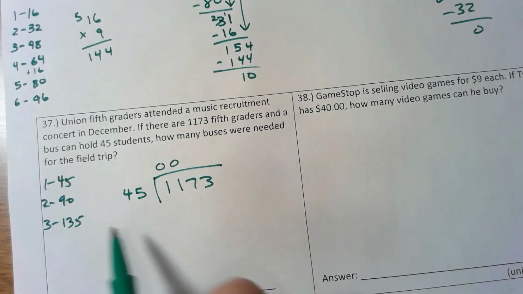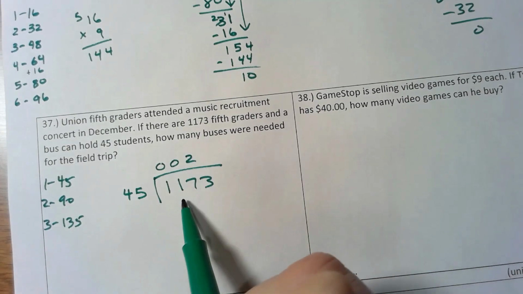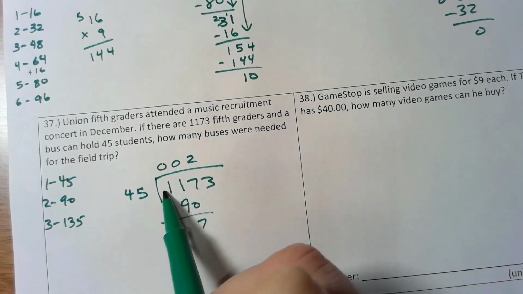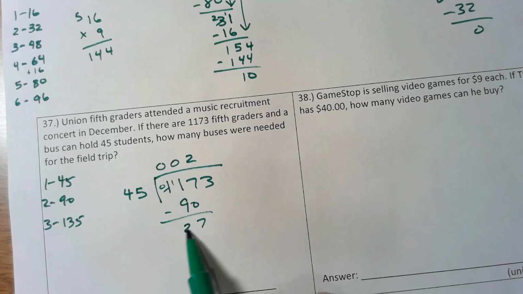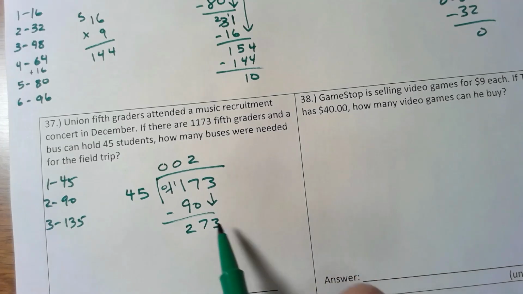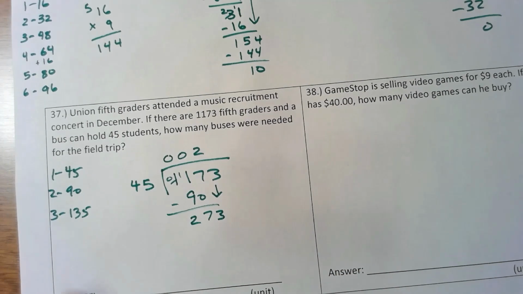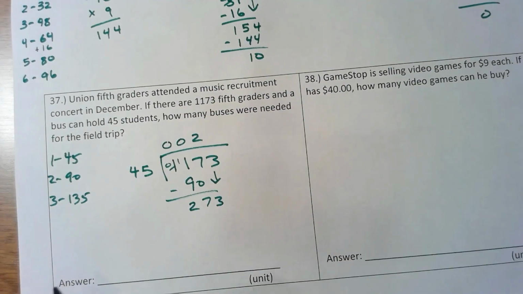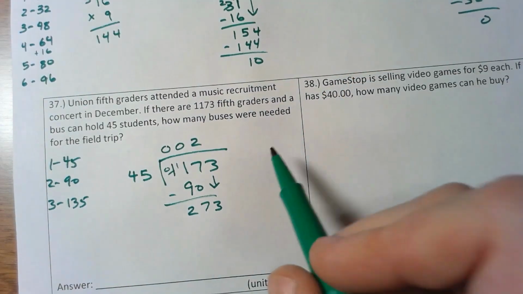Looks like that's going to be 135, so it's definitely going to be twice. Make sure you do regrouping here. And now we have 273. So 45 will go into 273 how many times? Now you can either continue your list by skip counting by 45s, or you can try to do some side multiplication.